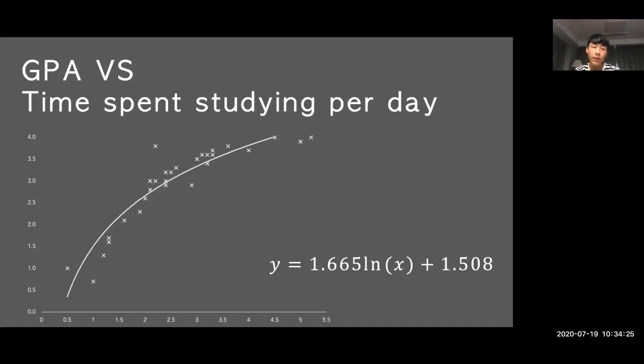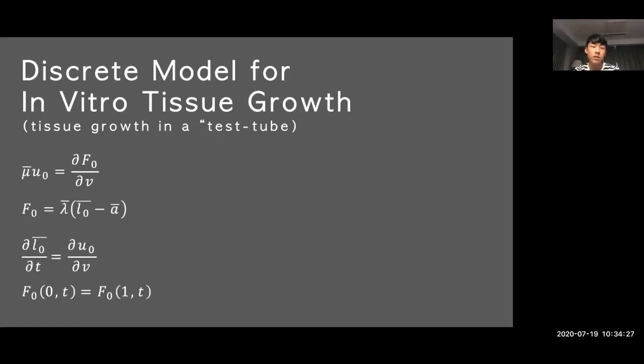On the other hand, in the case of this discrete model for tissue growth in a test tube, this is a model constructed by using physics equations, things like biology, about the interaction between these cells, these interactions on a molecular level. So this is also how you represent a real-life scenario using differential equations, using physics, using mathematical concepts at the end.